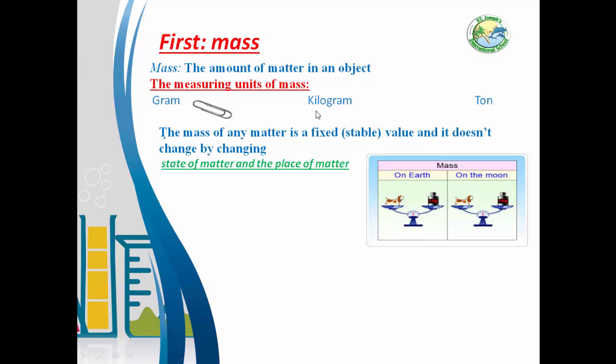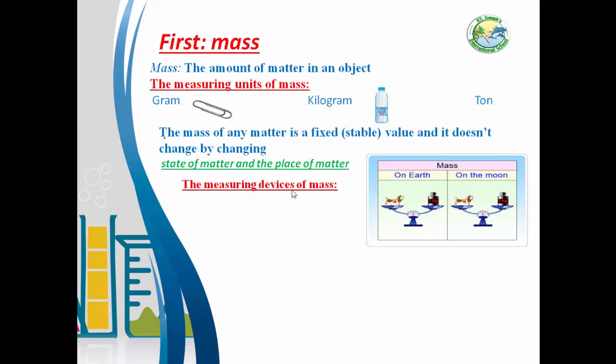Kilogram is suitable for measuring large masses such as fruits and vegetables, and it's equal to the mass of 1 liter of distilled water. And finally ton, it is used to measure very big masses. So the measuring units of mass are gram, kilogram, and ton.